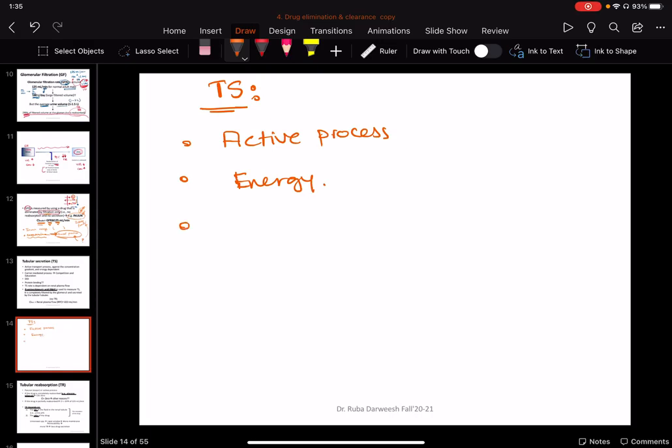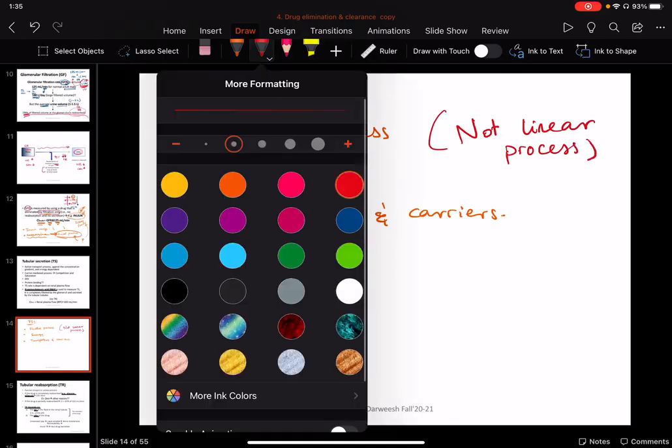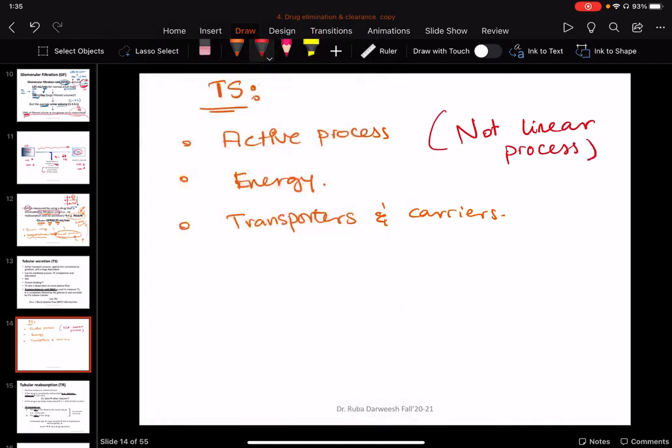If we need energy, usually we have transporters or carriers involved, right? And if we are talking about active processes, as it needs energy, it's not a linear process, which means it's not first order, or what we sometimes call a non-linear process.